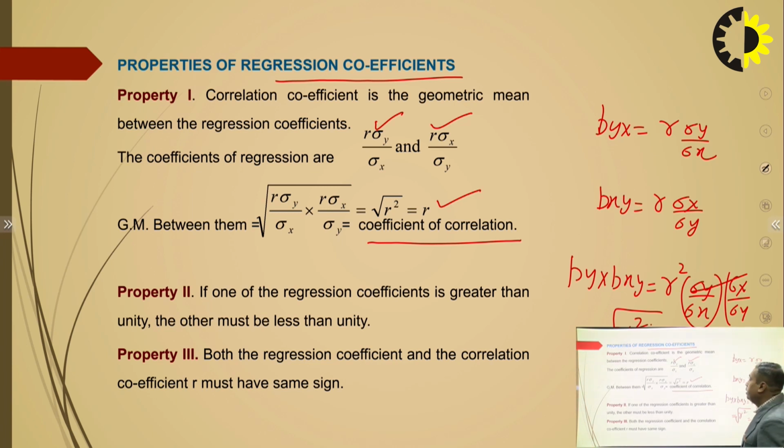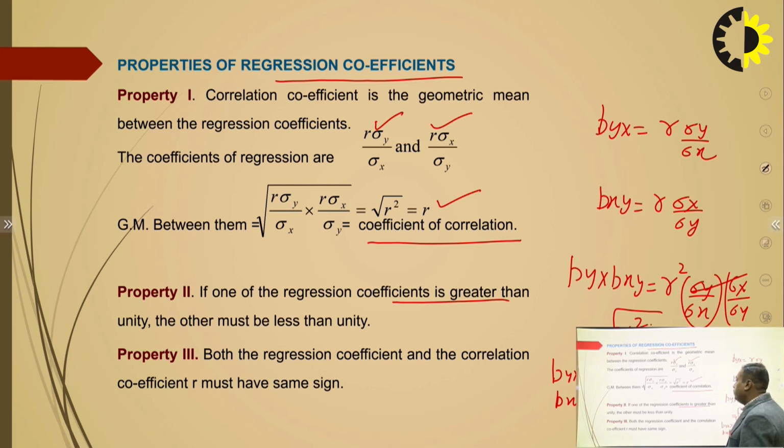The second property is that if one of the regression coefficients is greater than unity, then the other must be less than unity. That means if byx is greater than 1, then bxy is less than 1.